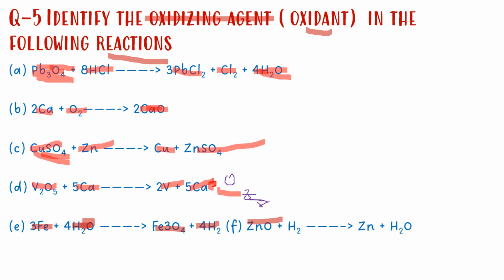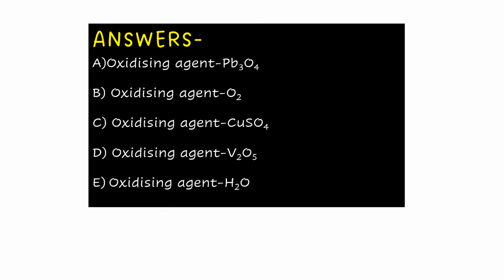Last question, zinc oxide plus hydrogen gas will give zinc plus H2O. Here, zinc oxide has oxygen. Later on, it releases oxygen and water molecules are formed in liquid form. These are the answers for your reference.